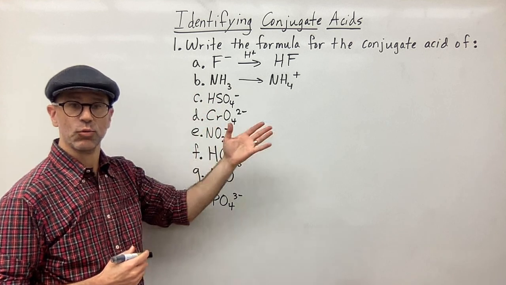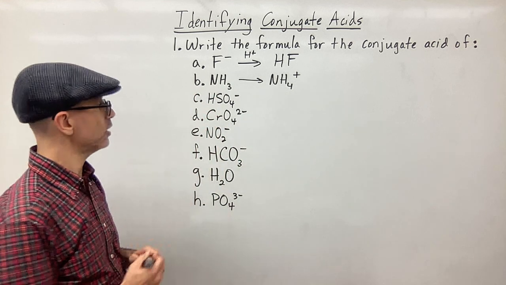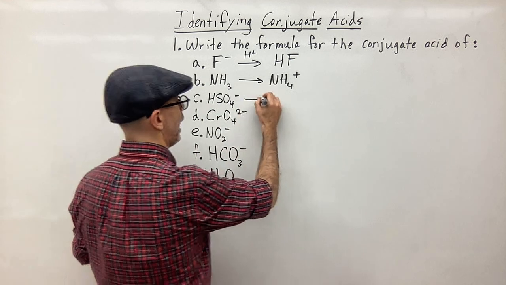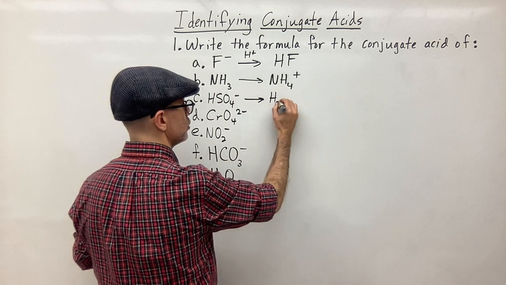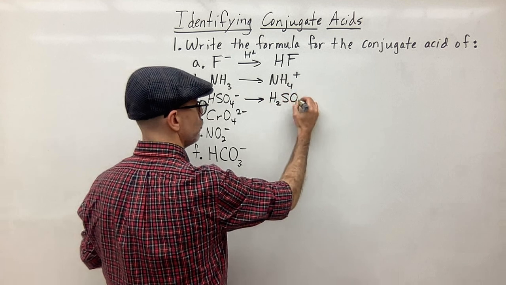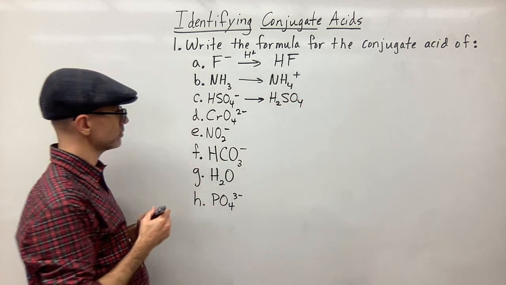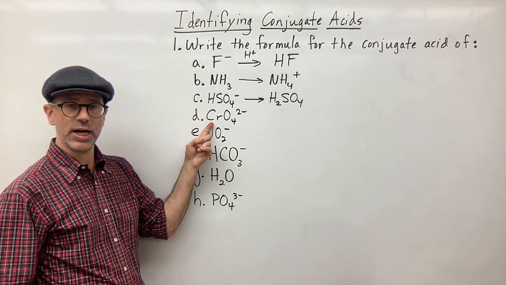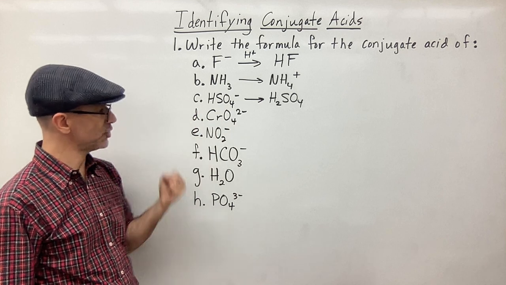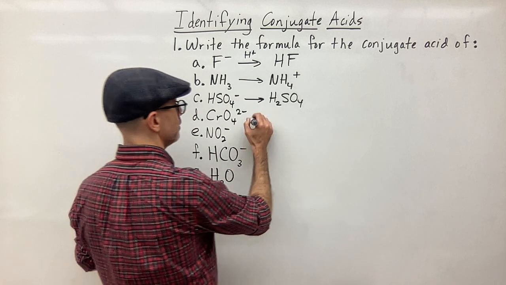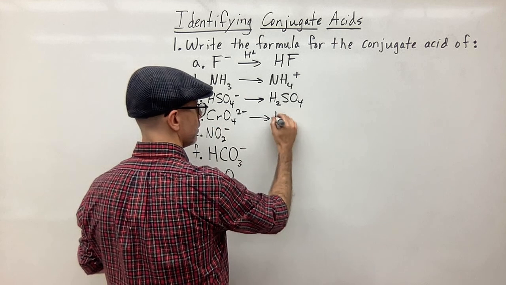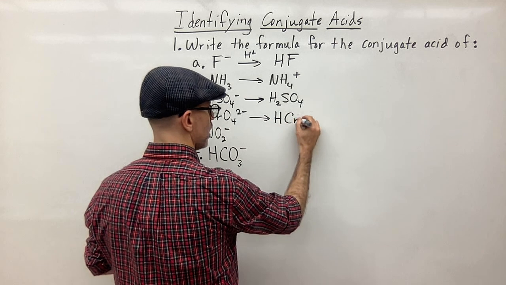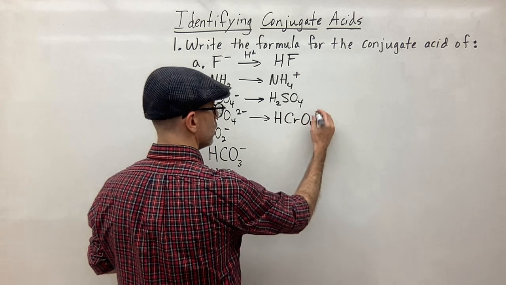HSO4 minus can react with water, take a hydrogen away from water. And so I'm going to add a hydrogen to this formula, and it becomes H2SO4. Same thing here. I throw this in water. It can take a hydrogen away from water. And so I'm going to add a hydrogen to this, and it becomes HCrO4 minus.